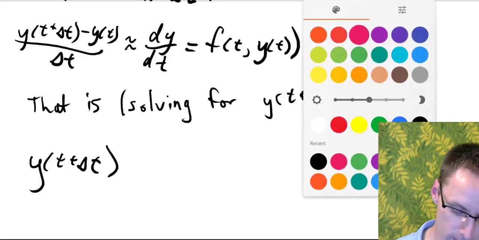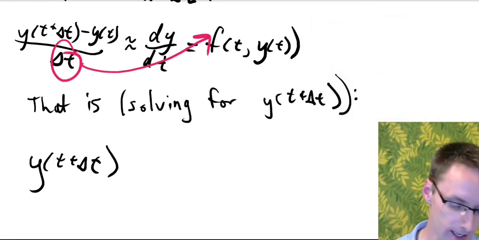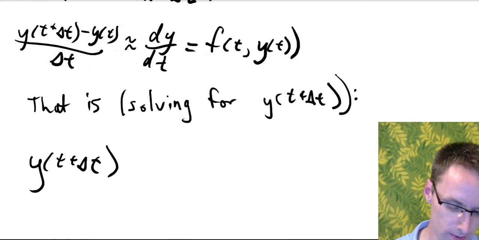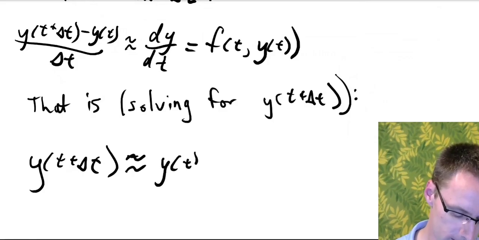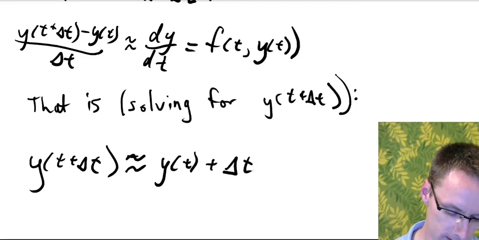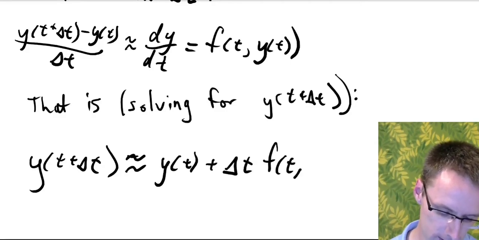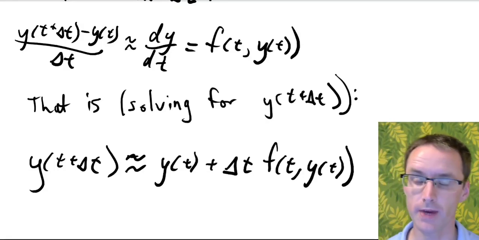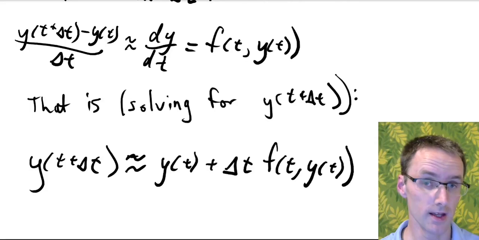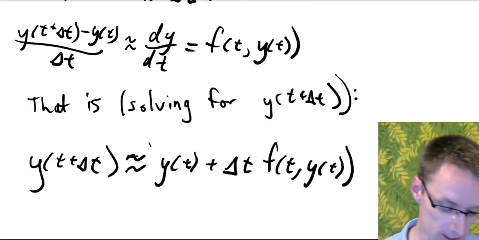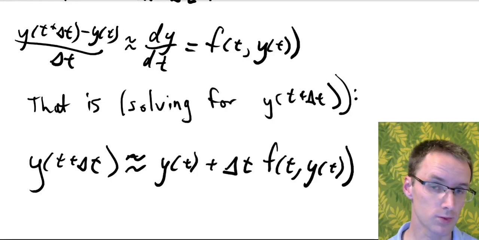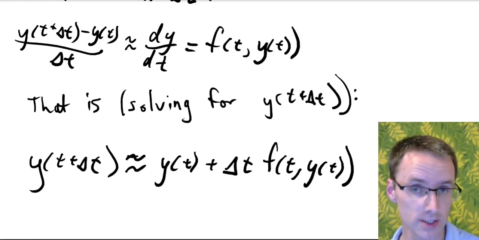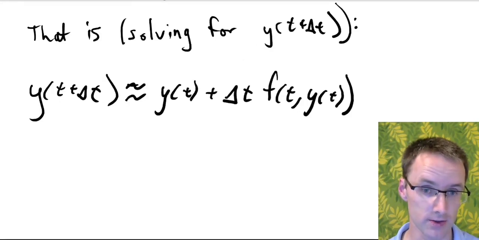We can multiply by this delta t on the right-hand side and then add y of t to the right-hand side to get y at t plus delta t is approximately equal to y of t plus delta t times f of t comma y of t. And this is almost Euler's method. Euler's method just takes this one more step to say that we are actually going to use this approximation as an equality, which will not give us the correct solution necessarily, but will approximate the solution hopefully well.